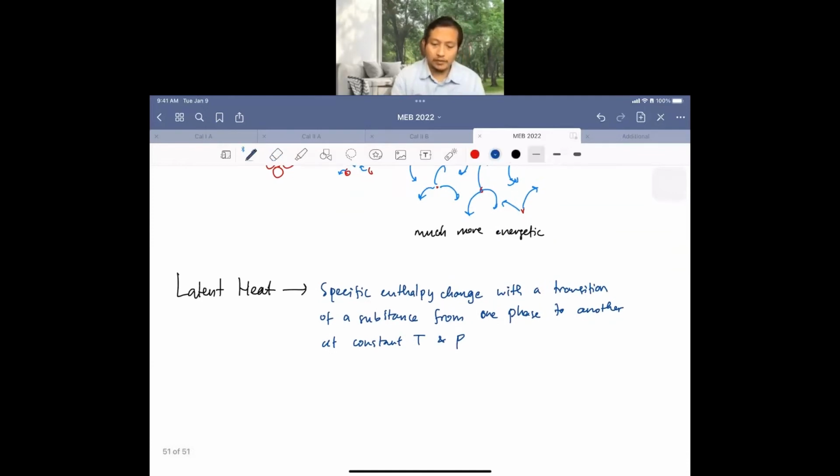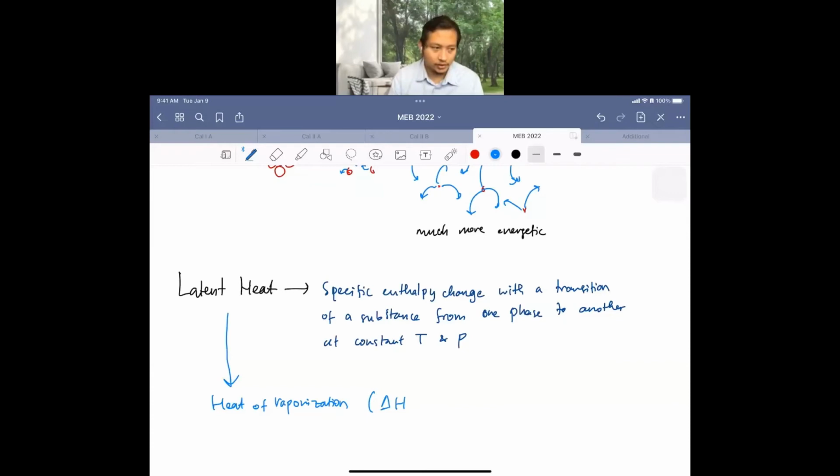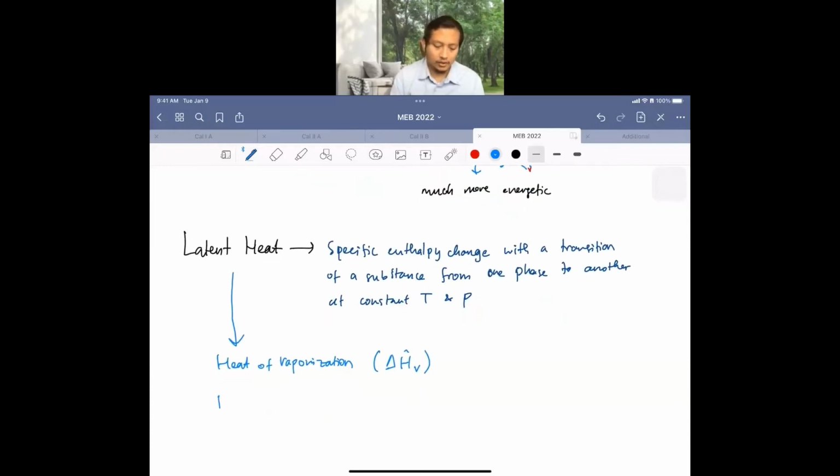So one example of this is heat of vaporization, and also the heat of fusion. So let me write here, this is delta H v, okay, and then heat of fusion.